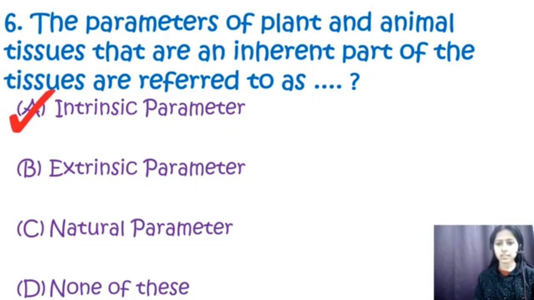Intrinsic parameters, these are the pH, moisture content, oxidation reduction potentials, nutrient content, antimicrobial constituents, biological structures. Whereas these extrinsic parameters, they can include the temperature, relative humidity, atmospheric gases, pH, pressure, others.